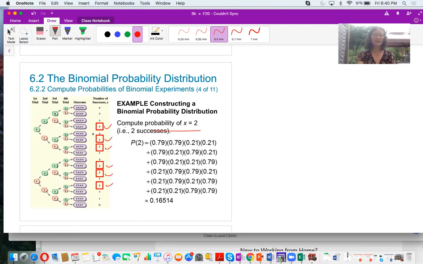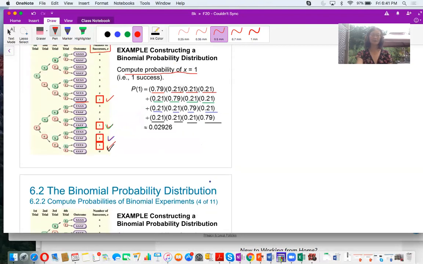Then you take the corresponding S or F. When you see S, the probability of S is 0.79, and the probability of F is 0.21. So the final result, you get 0.16514. This one is exactly similar to this one here.